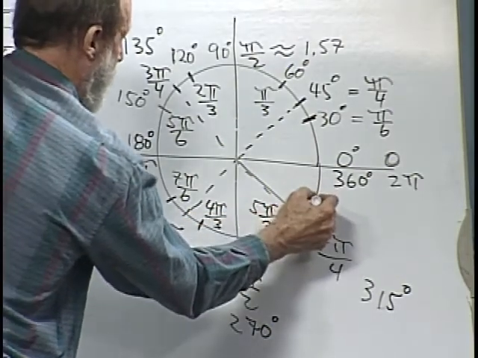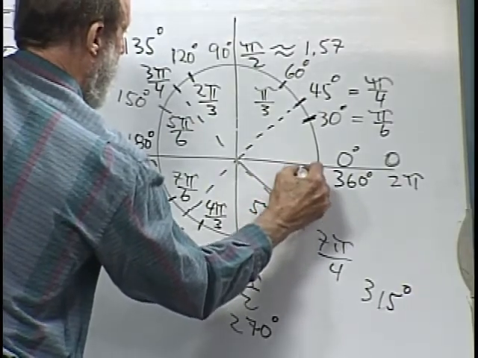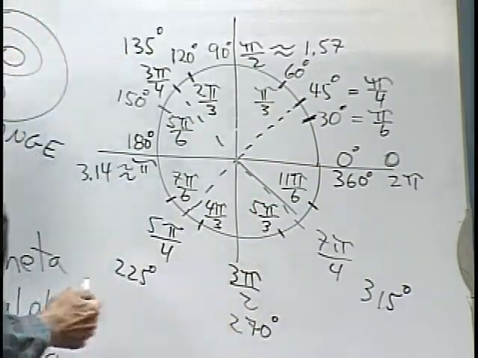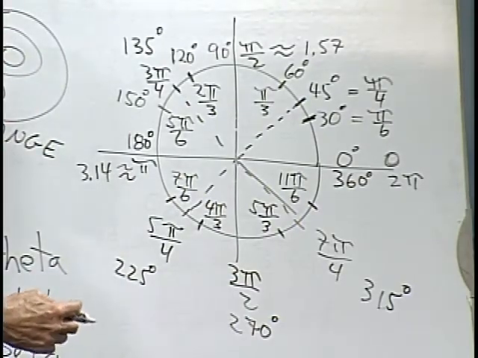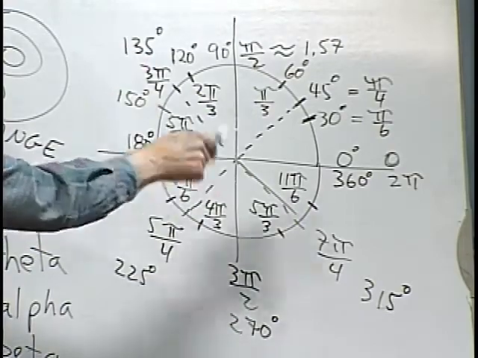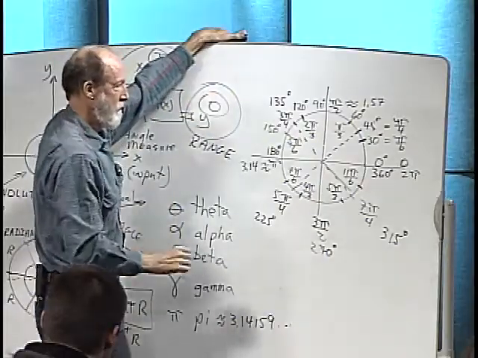And then finally, over here, 11 pi over 6 doesn't reduce. What a mess. But there are only 16 angles there, shown in both degree measure and radian measure.